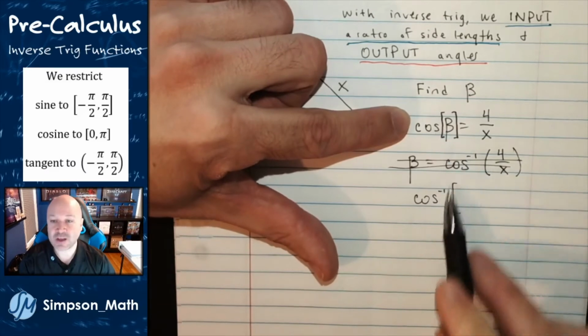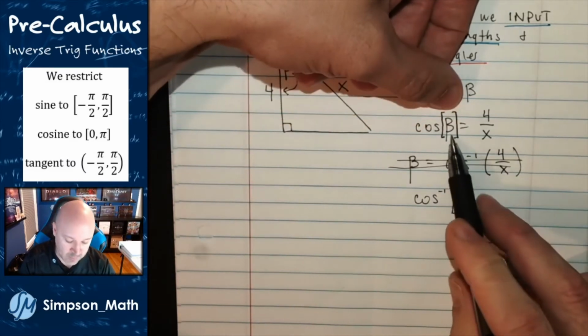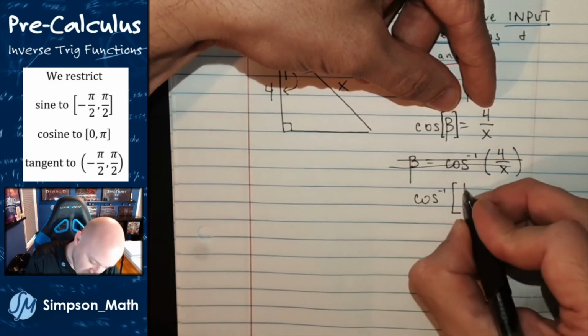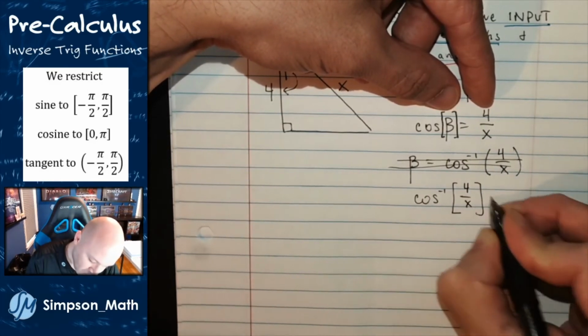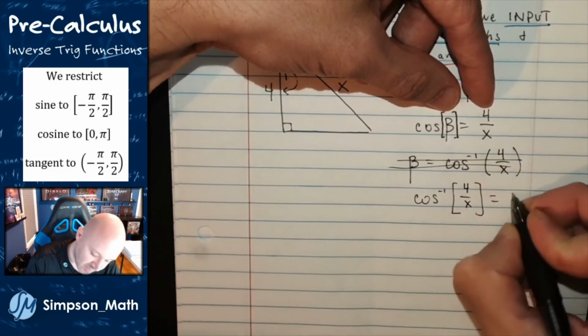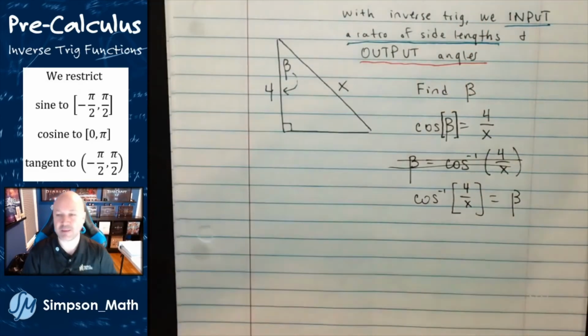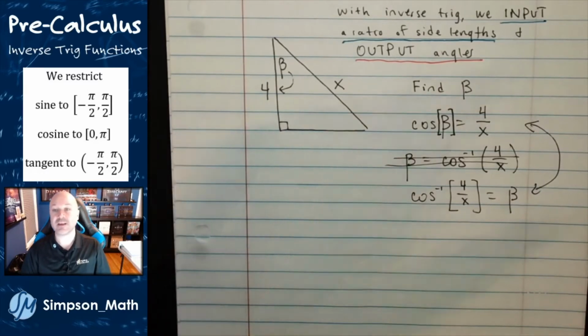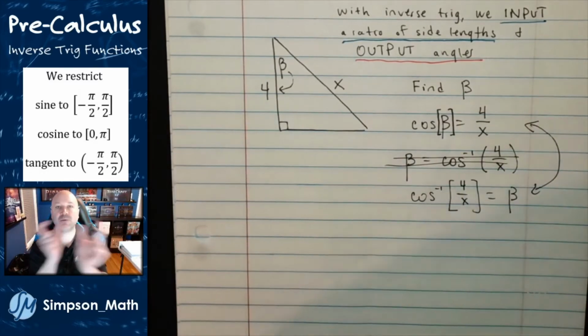So I'm changing cosine to cosine inverse. I'm interchanging my beta and 4 over x. So the 4 over x is now inside, and the 4 over x has become beta. Those say the same thing, but maybe this one helps you visualize that the inputs and outputs have just been interchanged.